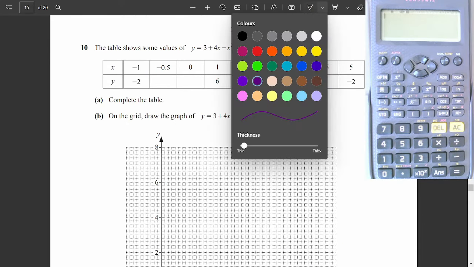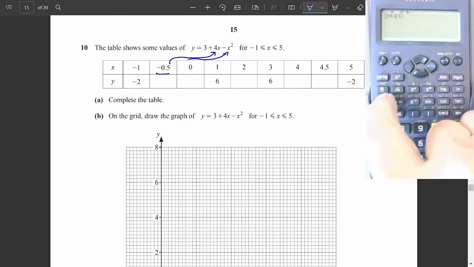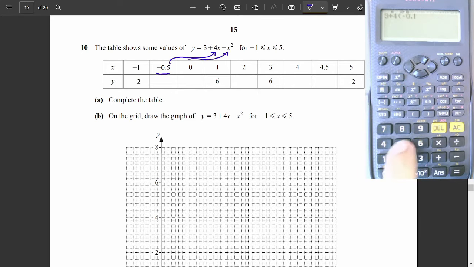Right, so we want to complete this table, so we need to substitute these values starting with -0.5 into the x values over there. On my calculator I just type in the equation that was given, 3 plus 4x minus x squared, and instead of the x, in this case we're going to put -0.5.